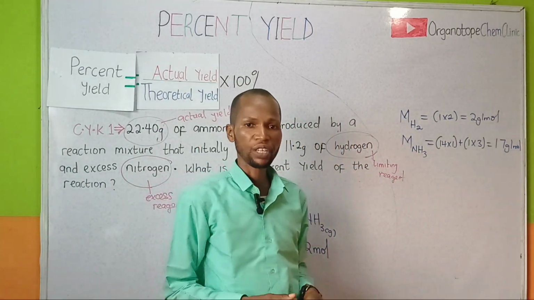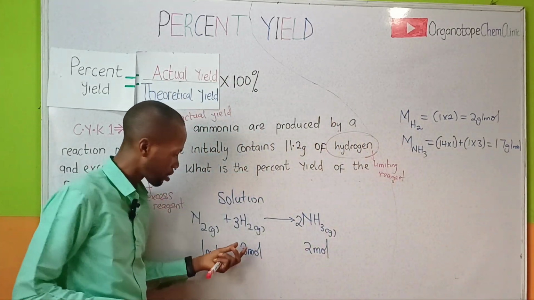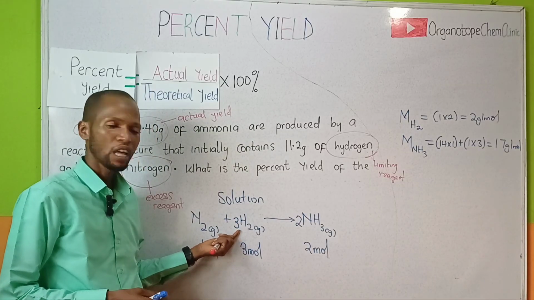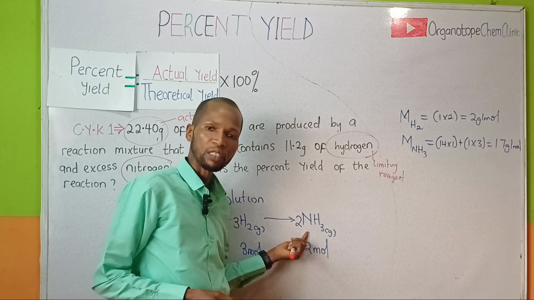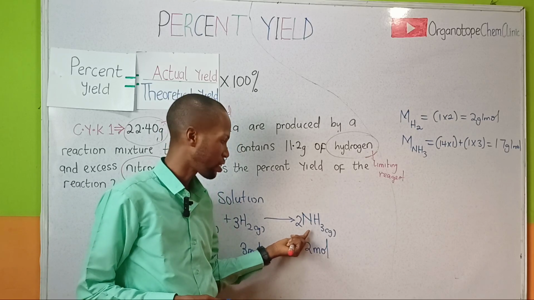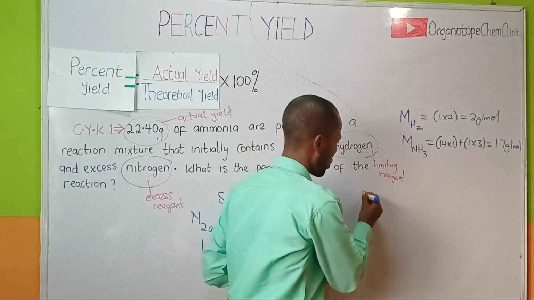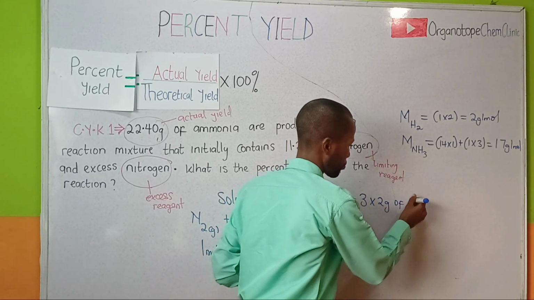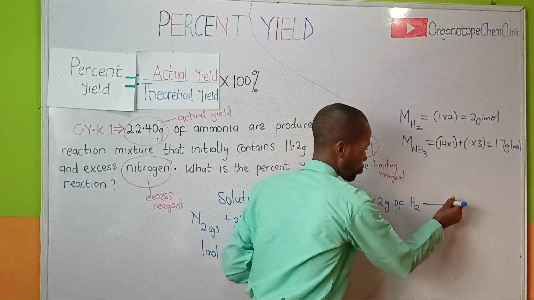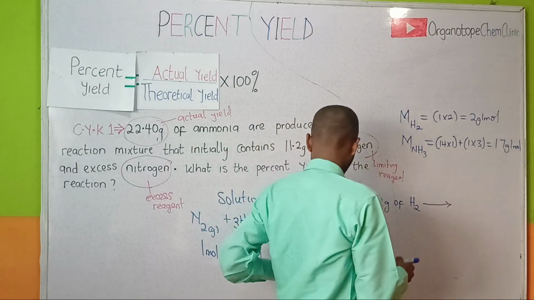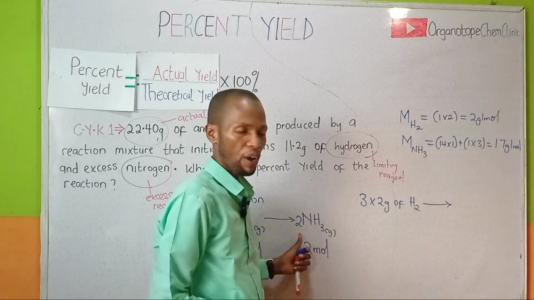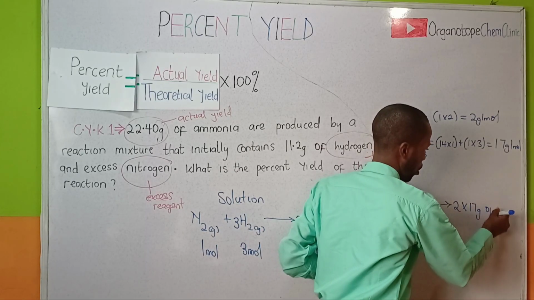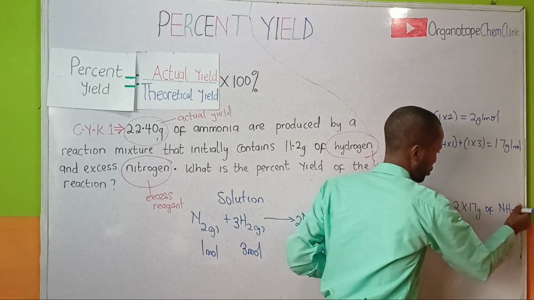From the stoichiometry of the reaction, we can observe that the stoichiometric coefficient of the hydrogen molecule is 3, while the stoichiometric coefficient of ammonia is 2. So we have 3 times 2 grams of hydrogen produces, the coefficient of ammonia is 2 times 17 grams of ammonia.